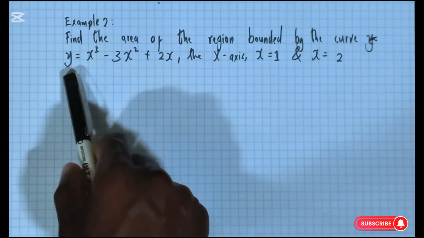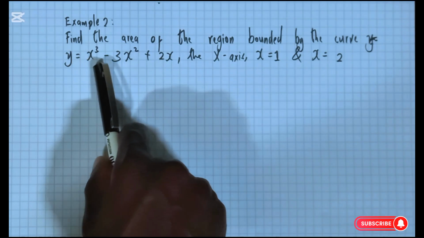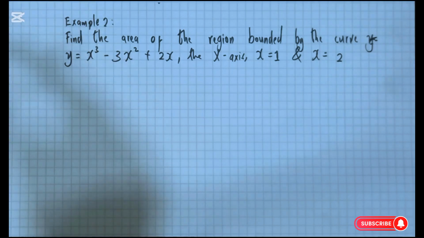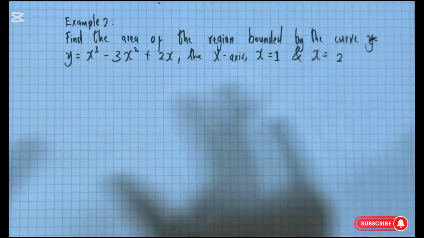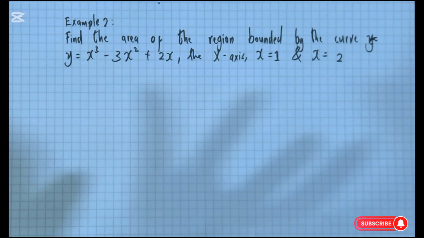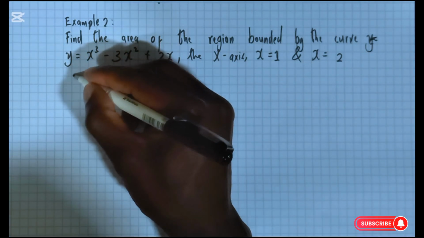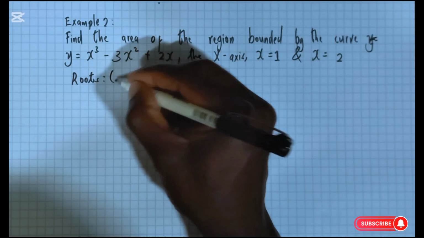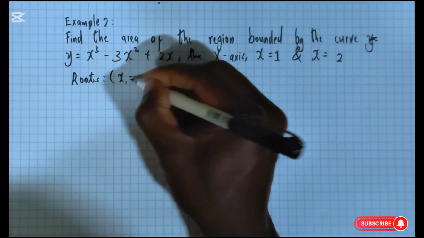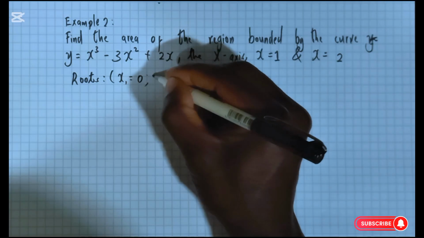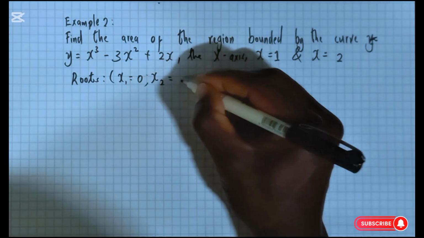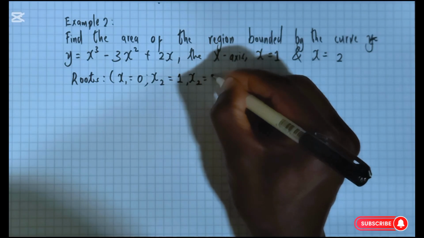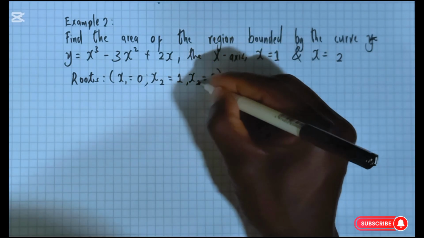So in this particular case, when you look at y = x cubed minus 3x squared plus 2x, you'd find that the roots of this curve, the places of intersection with the x-axis, are, for x1, 0, for x2, 1, and for x3, 2.